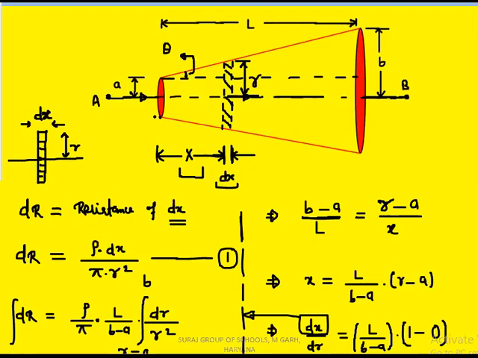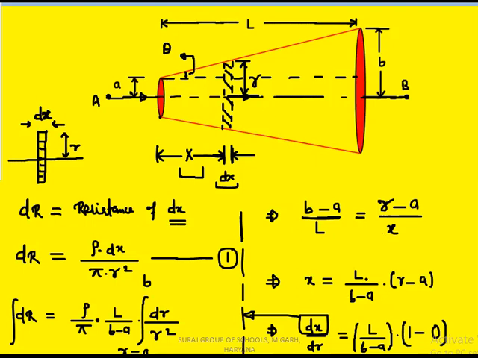If you see here, as we move from the smaller cross section to the larger cross section, there are two parameters which are continuously changing. One is x, another one is r. In this equation, both parameters are present. So for integrating this, we have to make the equation a single variable. For changing x to r, I have considered a section of this conical shape, in which tan theta gives b minus a upon L equals r minus a upon x.